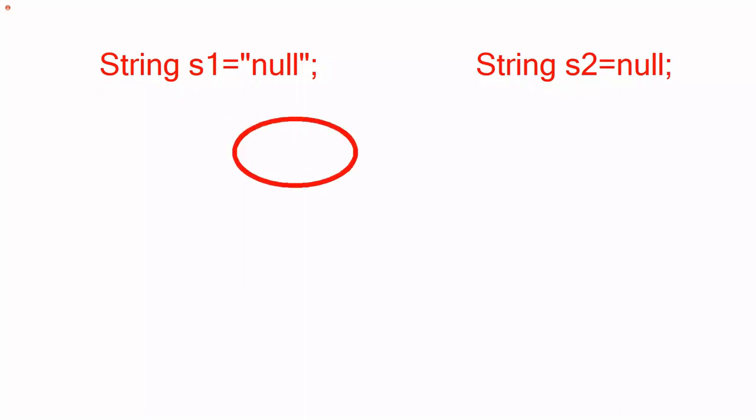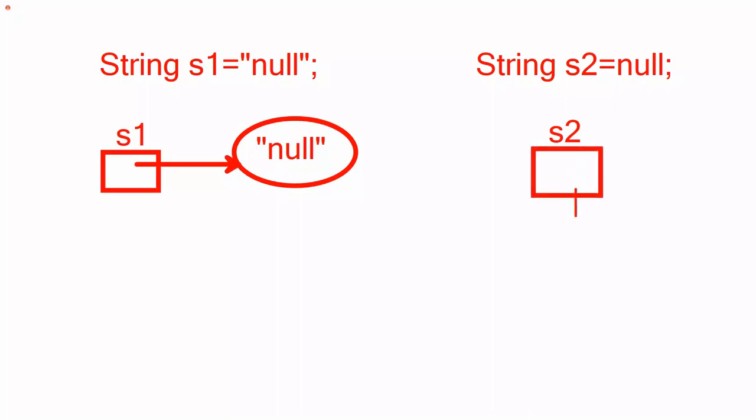What does that object contain? Null. This object's hash code is stored in S1. In this line, is an object created or not created? Not created. What does S2 contain? Null.